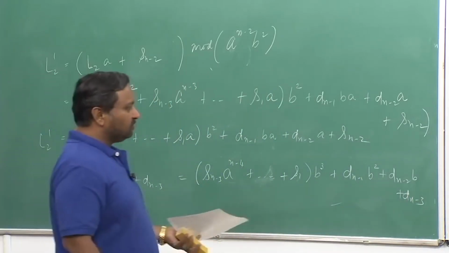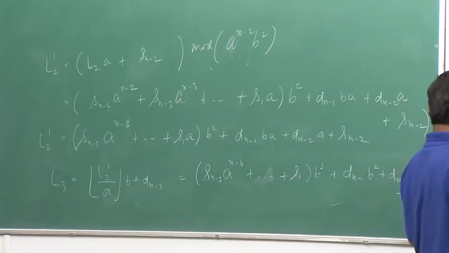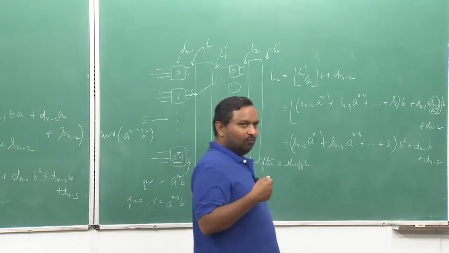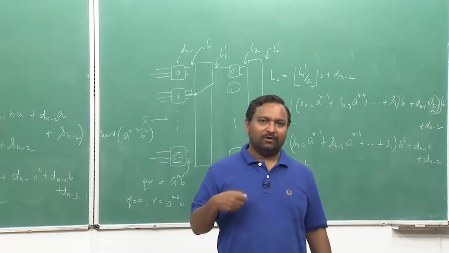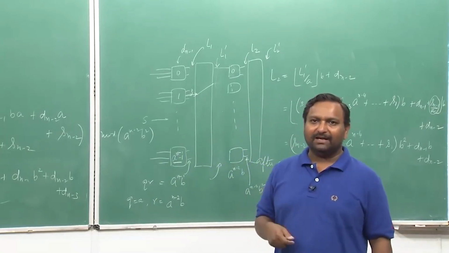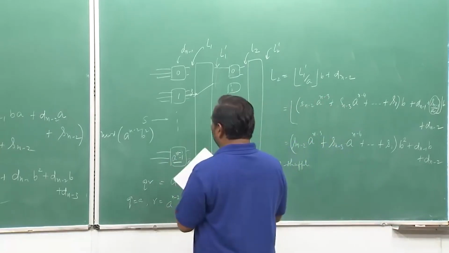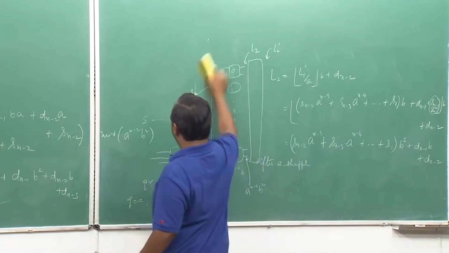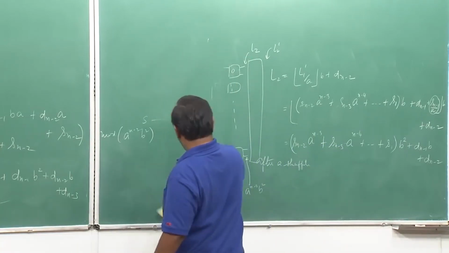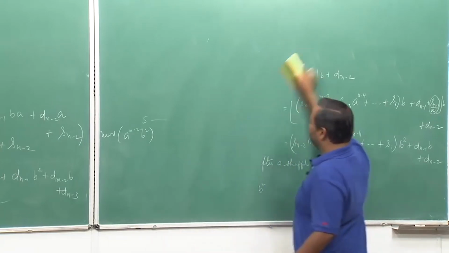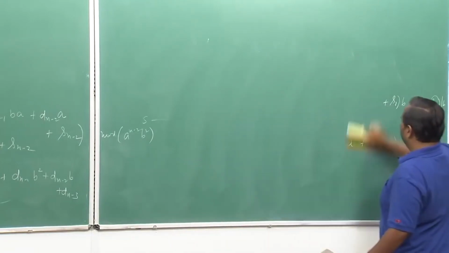So now I have proven this particular expression for 1, and what will happen for 2, what will happen for 3, and now I can use induction to prove it: if it is true for I, it is going to be true for I plus 1, and henceforth I can do it, what is going to happen after the nth stage.